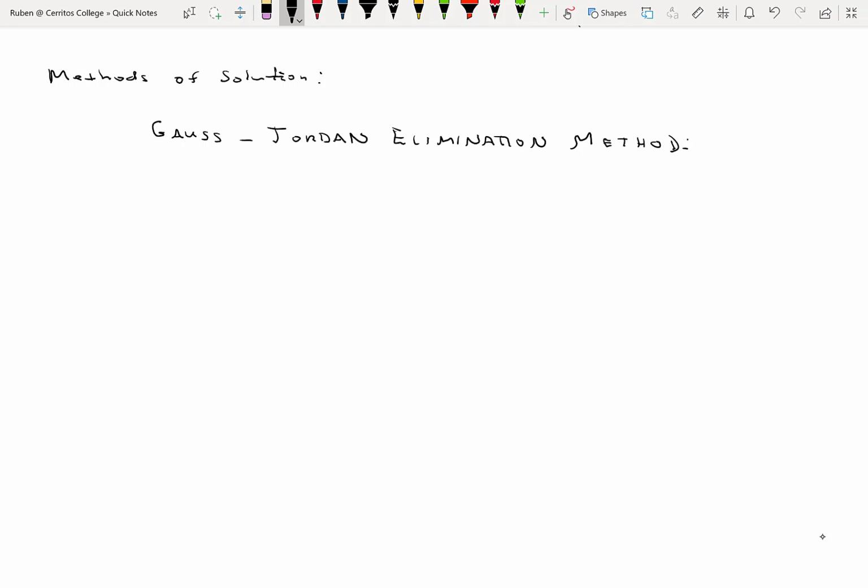This method is very easily applicable to using technology and uses these objects that I've sort of alluded to called matrices. The idea is to transform a system of equations into a simpler system of equations somehow that has the solution easily identifiable.